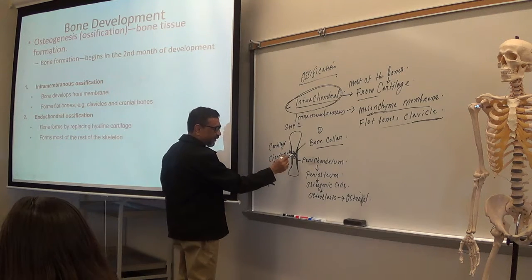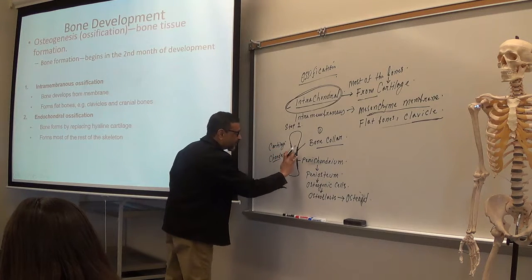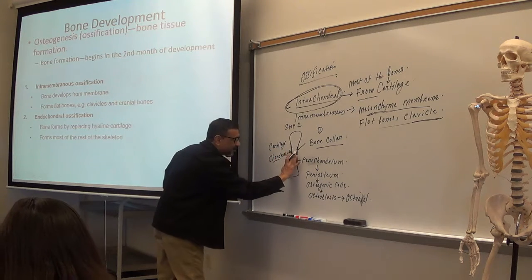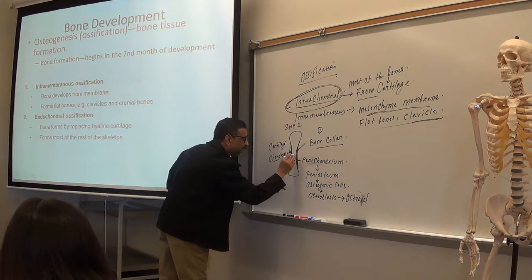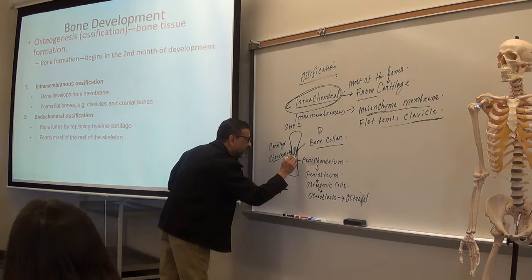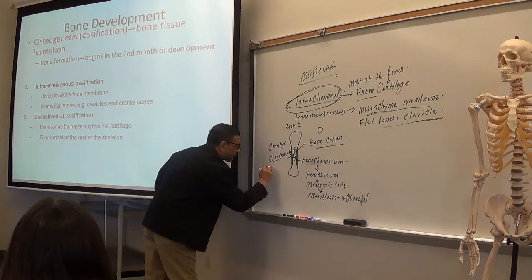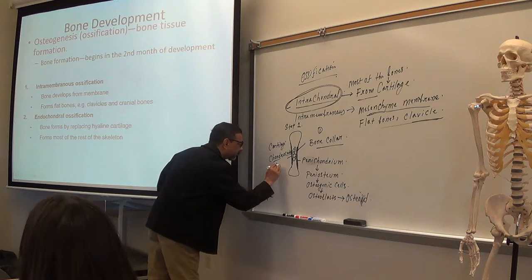So they start to get enlarged and occupy more space. So these chondrocytes get bigger and occupy more space here. Enlarge.